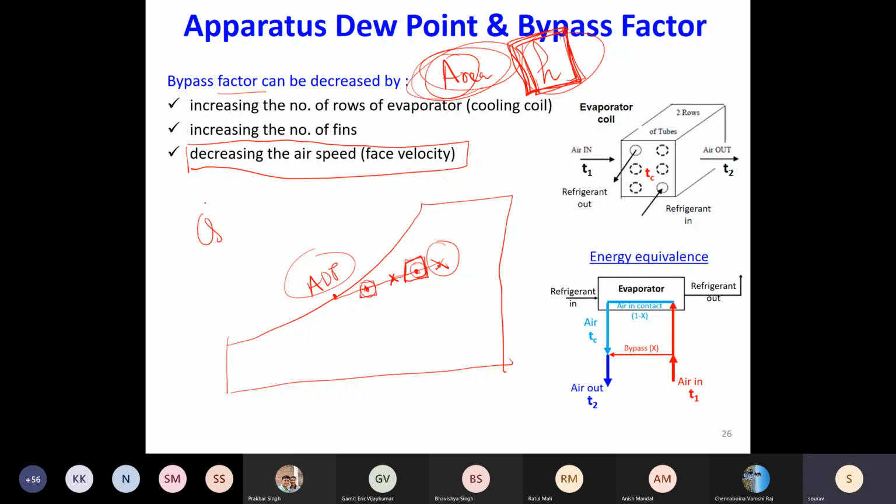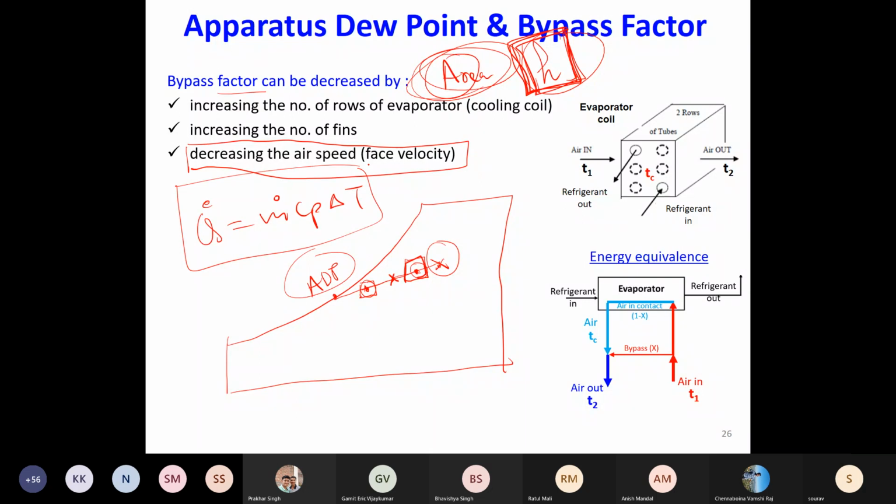So many a times while using heat transfer coefficient, we forget about m dot Cp delta T. So if I reduce the m dot, I increase the delta T of air across the coil.